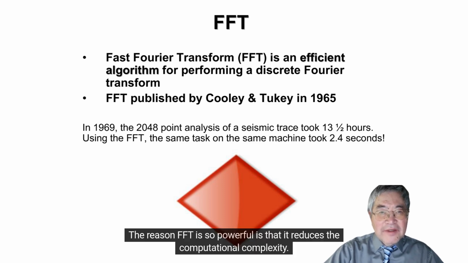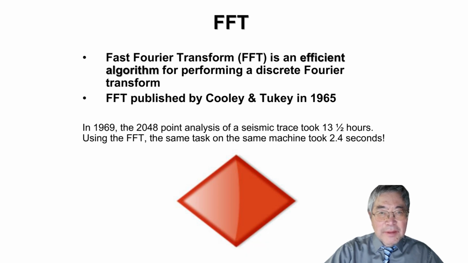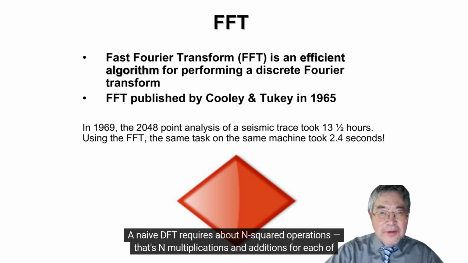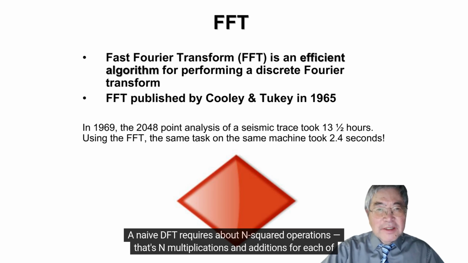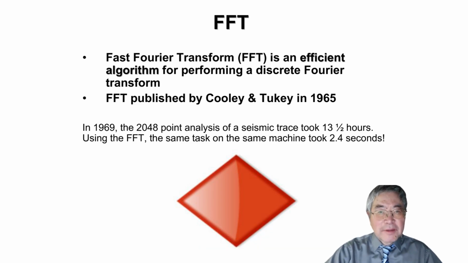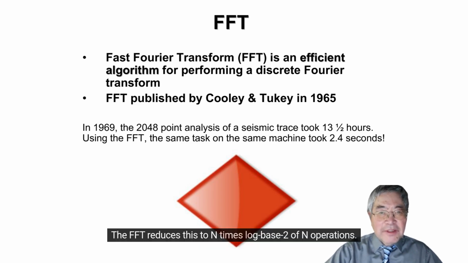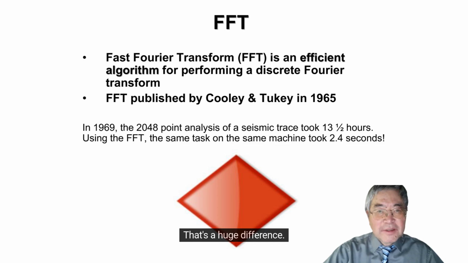The reason FFT is so powerful is that it reduces the computational complexity. A naive DFT requires about n-squared operations, that's n multiplications and additions for each of the n outputs. The FFT reduces this to n times log base 2 of n operations. That's a huge difference.